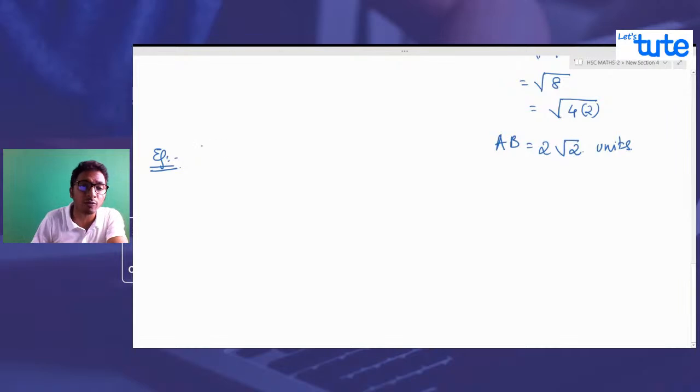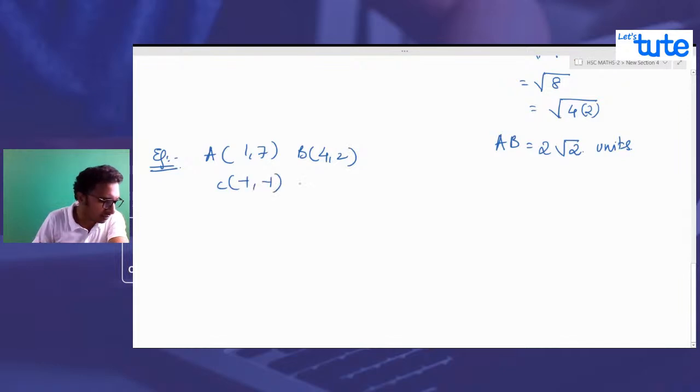We are given 4 points. A is (1, 7), B is (4, 2), C is (-1, -1), and D is (-4, 4). So these are the 4 points given, and we are asked to show that it is a square.